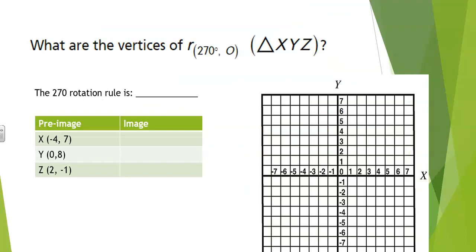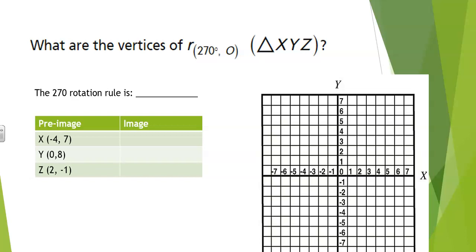Now we're going to do 270. If you remember the rule for 270, it's similar to the rule for the 90. I always double check my rule sheet here because I'm directionally challenged, and sometimes I get it backwards, so I always want to make sure I'm doing it right.